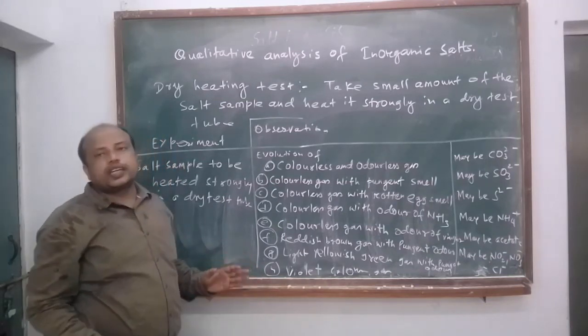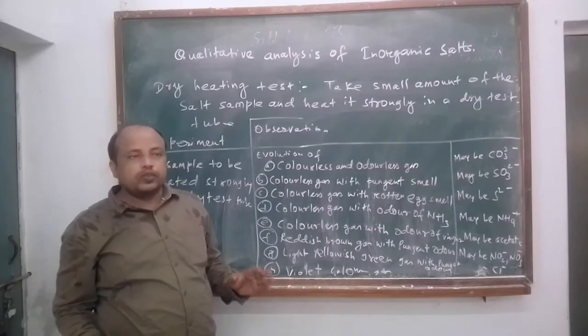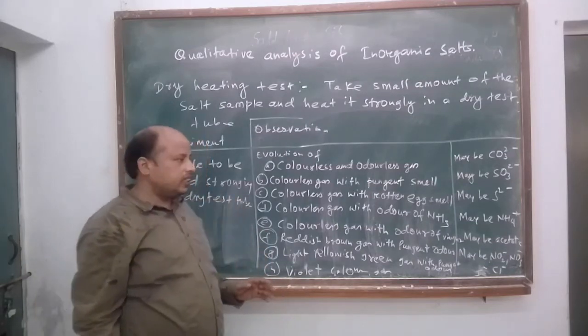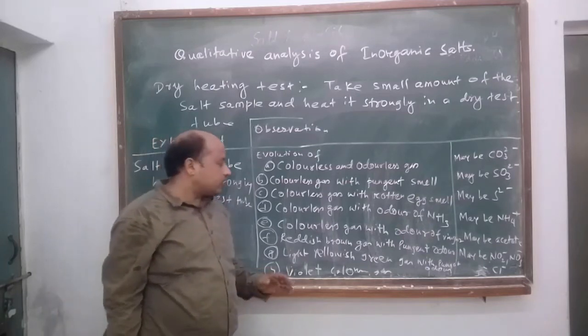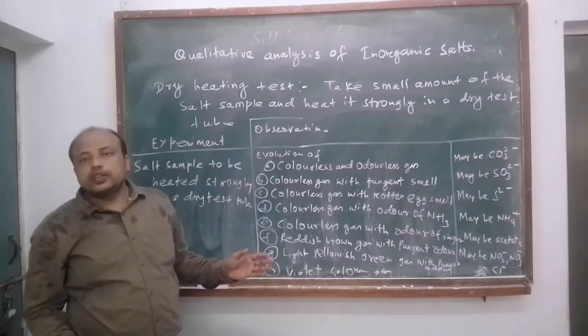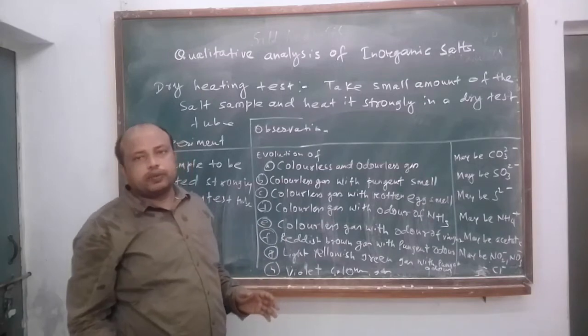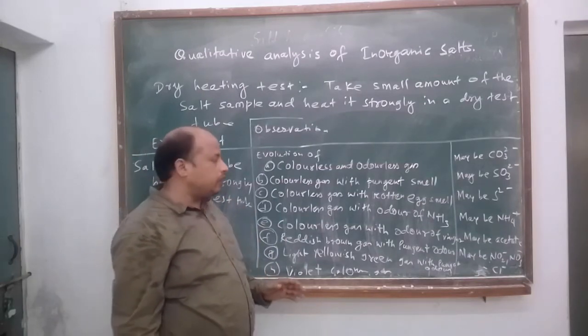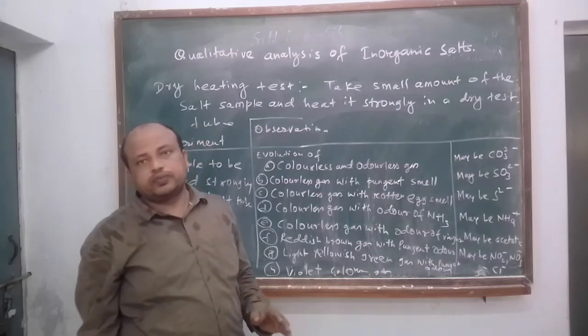If reddish brown gas is evolved with pungent odor, then it may be nitrate or nitrite. If yellowish green gas is observed with pungent odor, then it may be chloride, and if violet color gas is observed, then it may be iodide.